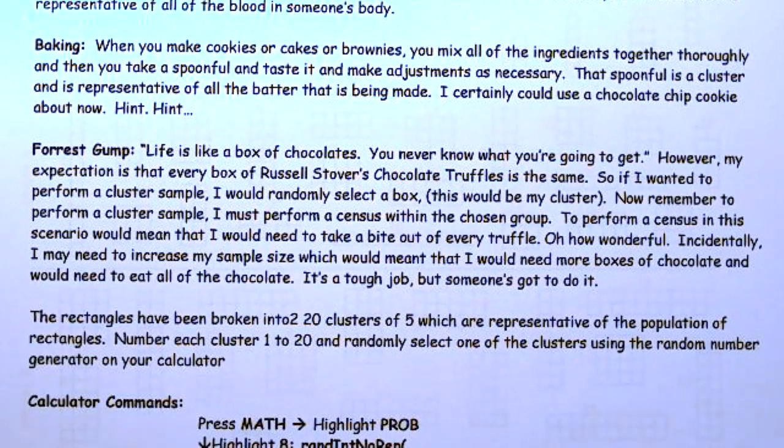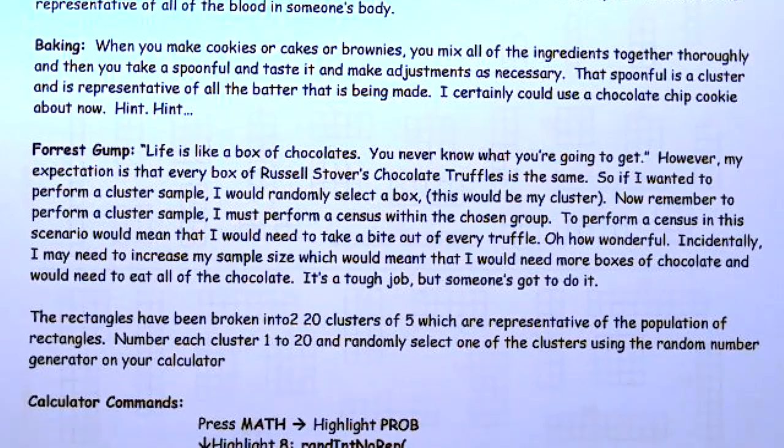If I wanted to test them, I would buy one box, and because there are multiple different types of candy in it, I would have to taste each one to have a cluster sample. The box of chocolates would represent a cluster sample in that every type of truffle they sold was in that box and was the same as the box next to it. So basically, we randomly select a cluster and then we try everything in it.